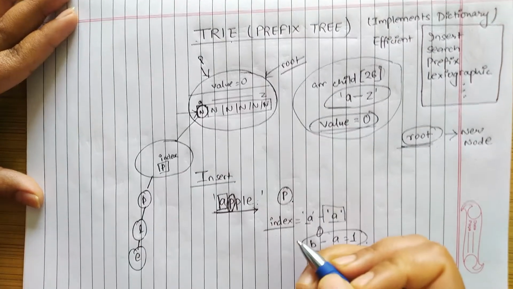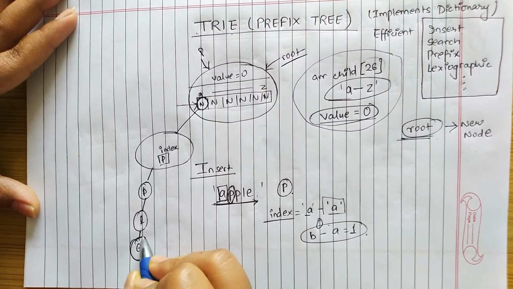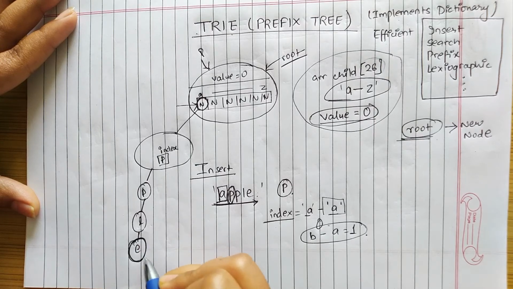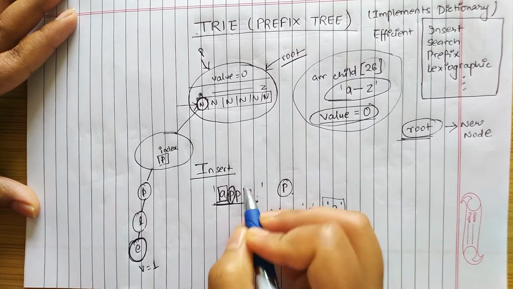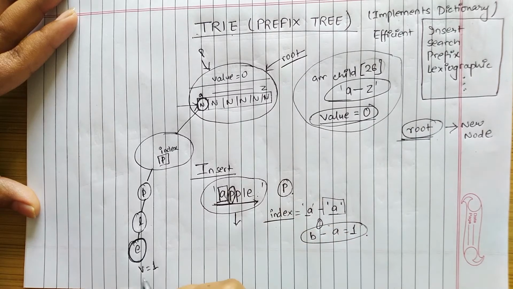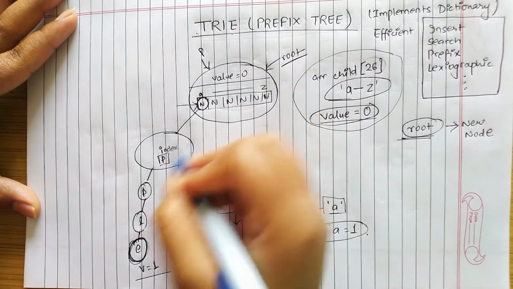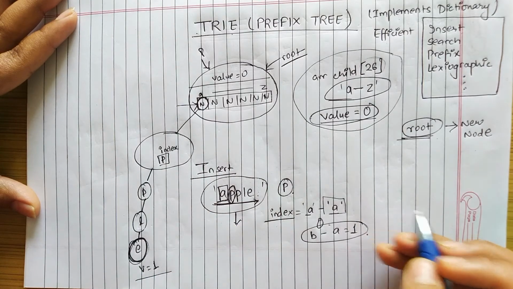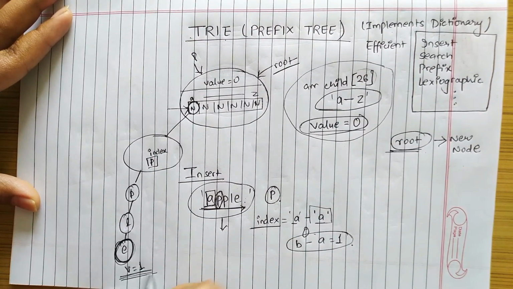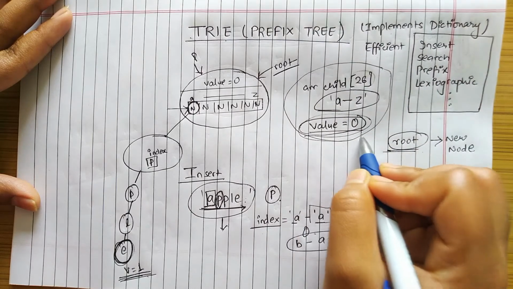To make sure that you know this is the last node, you will make value 1 right after coming out of this loop. So now value is 1, which means that e is the last node of this string. This is the reason why we have a value in our structure as well.